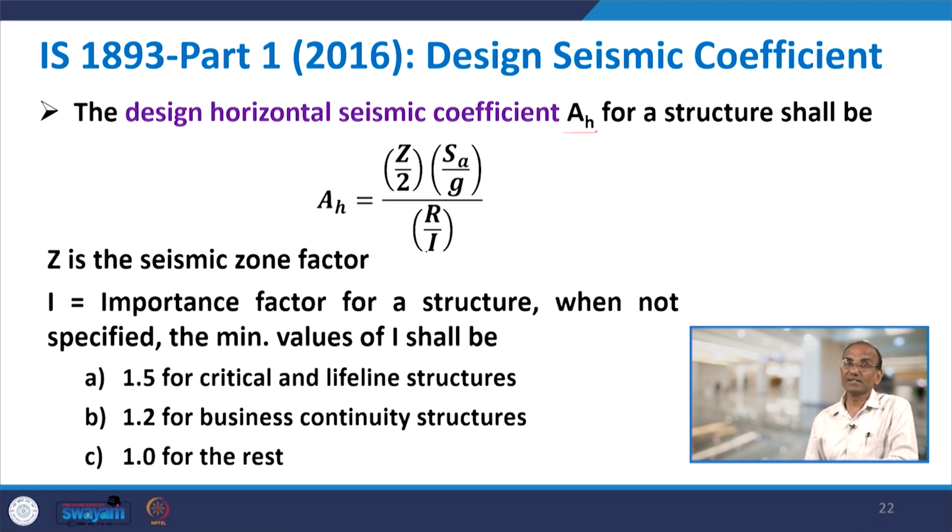What is Z here? Z is called the seismic zone factor, and I is called the importance factor, which depends on your structure and may be specified in the 5 parts of this code.